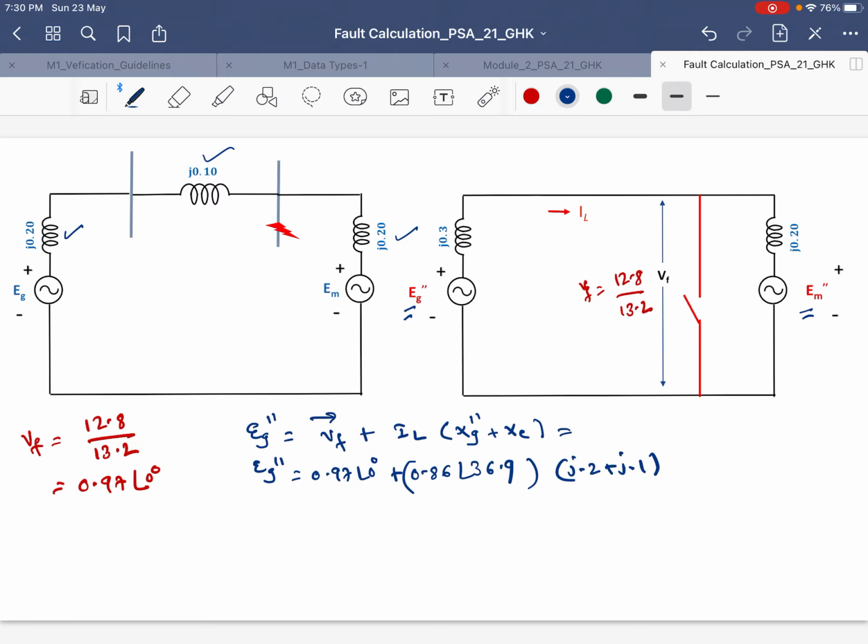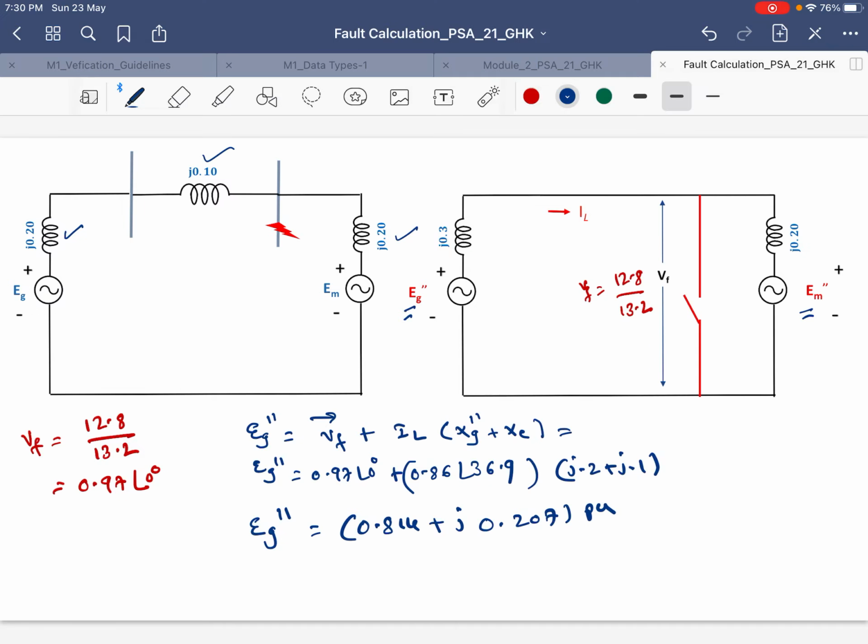If you simplify this, the value of Eg'' that you get is 0.814 plus j0.207 per unit.